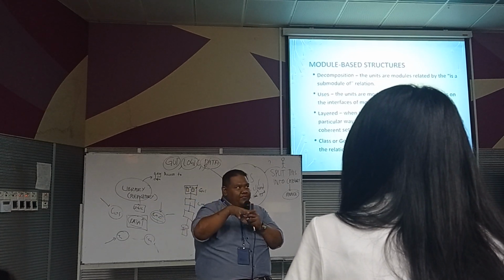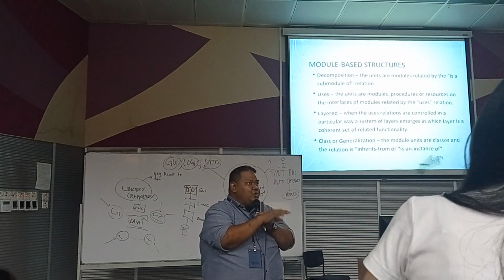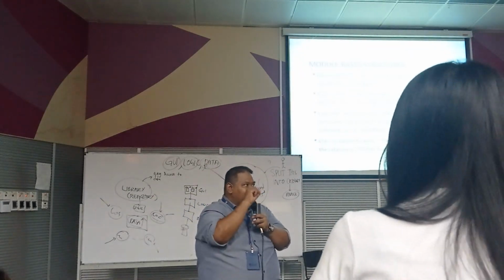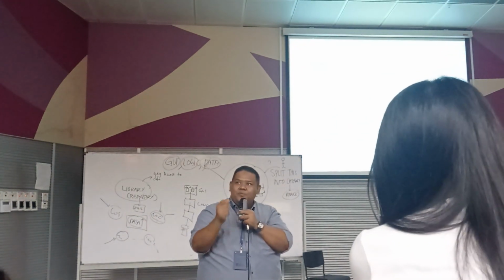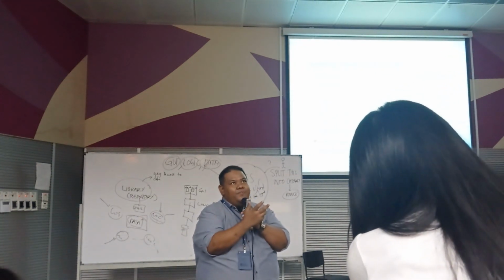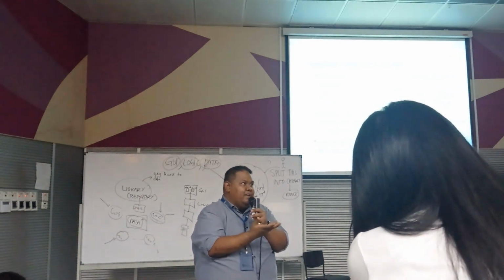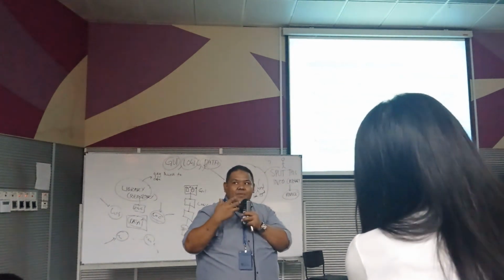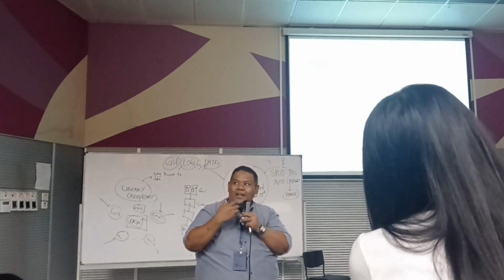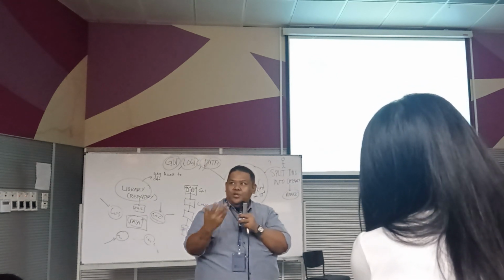So for each project that you do, you need to understand what category of things you need to achieve, what category of behavior you want to introduce. Behavior means what the unit does, what the module does.